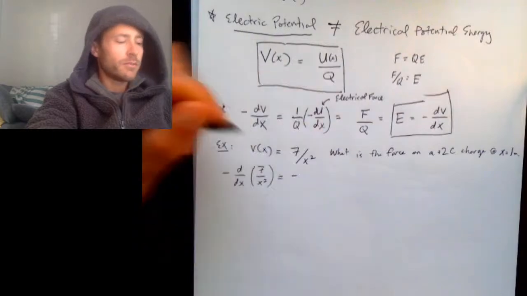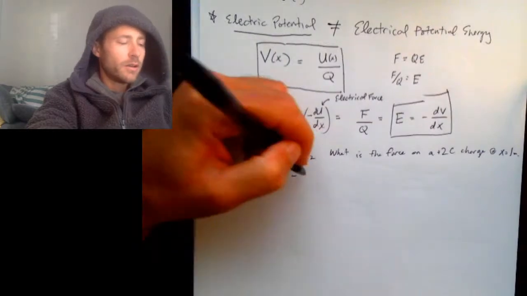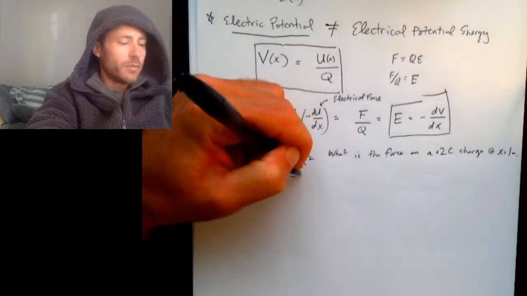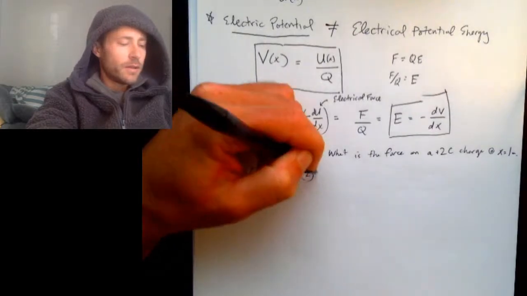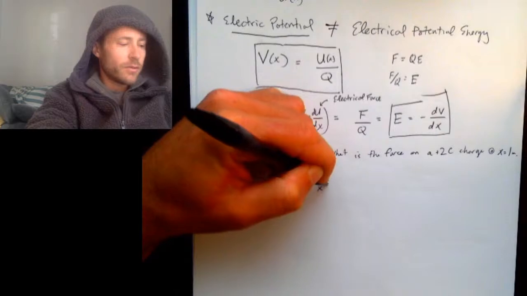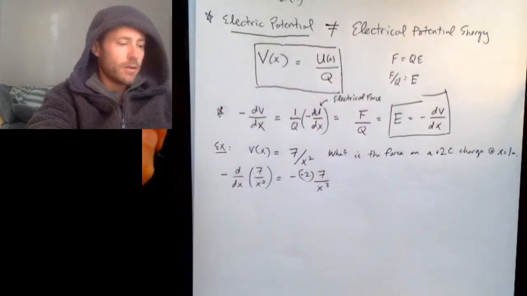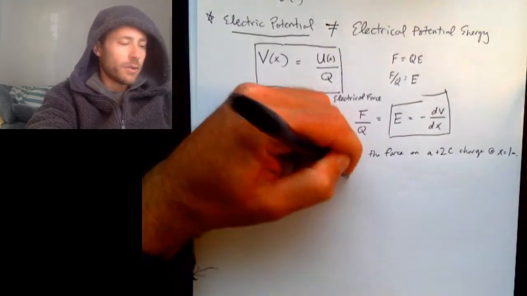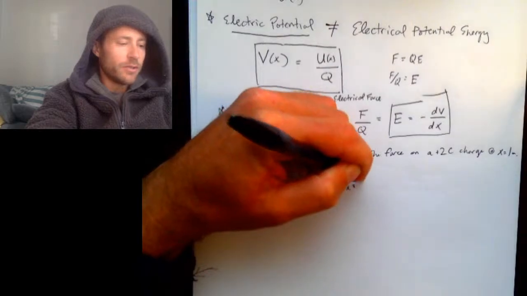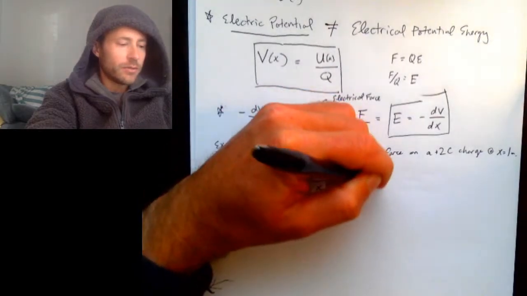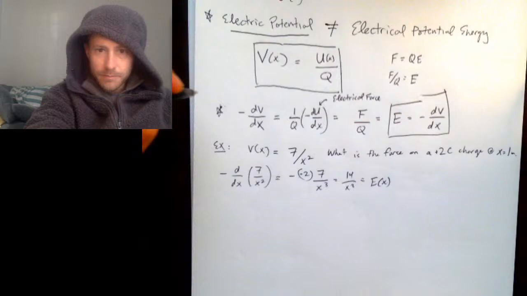That's going to give us minus times minus 2 over x cubed. So that gives us 14 over x cubed is the electric field as a function of x.